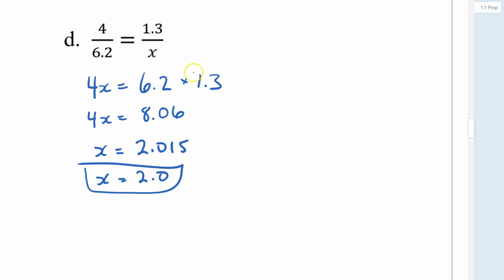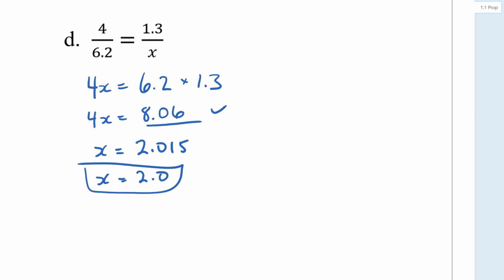I typed in, using that cross multiplying, I got 4x equals 6.2 times 1.3. This was what was on my calculator. By the way, if you've got a whole big thing on your calculator, you wouldn't have to write every single digit down. But what I wouldn't do is hit cancel and then retype the number again.